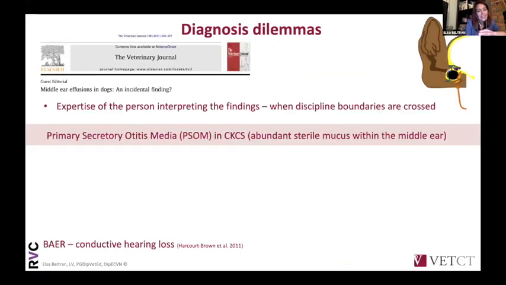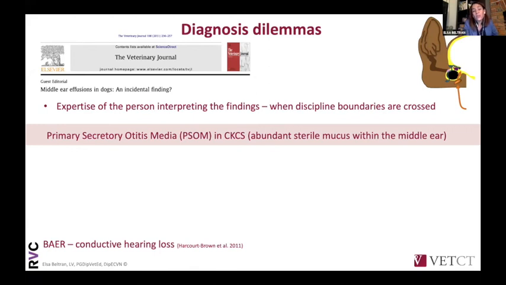When we talk about these potential incidental findings, how significant they are takes a very important role, well, the expertise of the radiologist interpreting those findings. And overall, with clinical signs and advanced imaging findings, discipline boundaries are crossed, so you may need soft tissue input, dermatology input, and some neuroscience to explain those clinical signs.